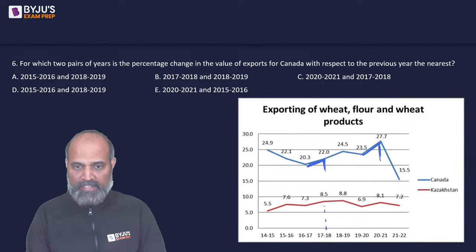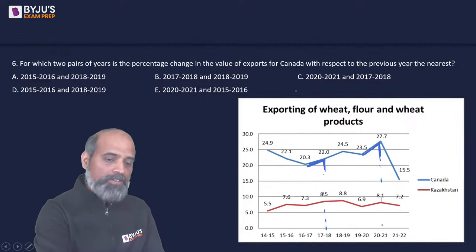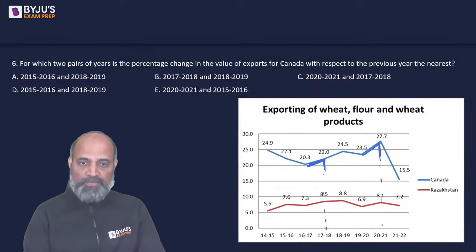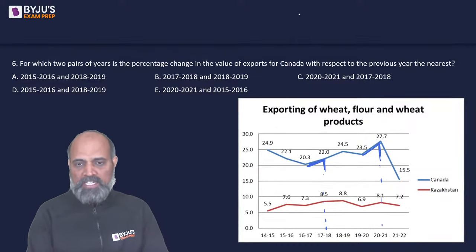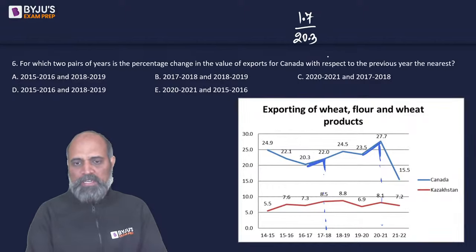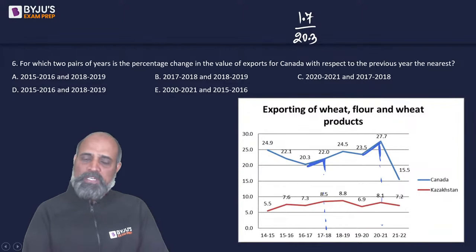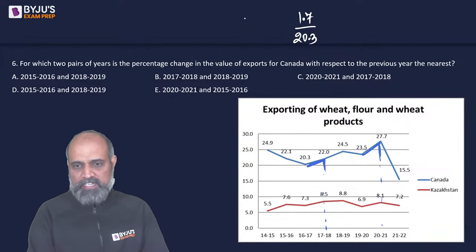Right? This is 17-18. So we are looking at option C right now. So in option C, 20.3 has become 22. So that's an increase of 1.7 over 20.3. And if I look at 2020, 21, 23.5 has become 27.7, which is an increase of 2.2 over 23.5.